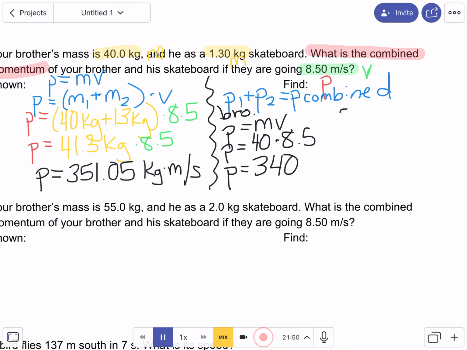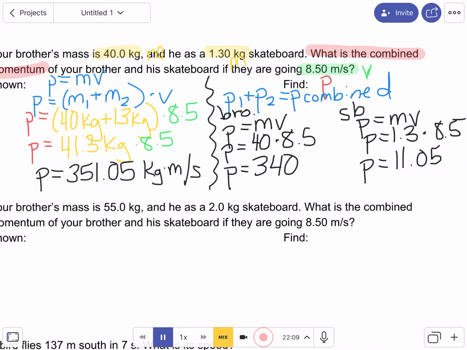So then the skateboard, I'll say SB here, still the same, P equals MV, P equals 1.3 times 8.5, and then P equals 11.05. I know this because I calculated it earlier.